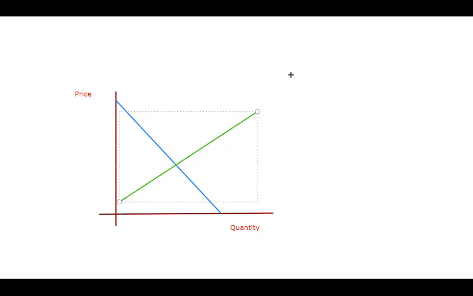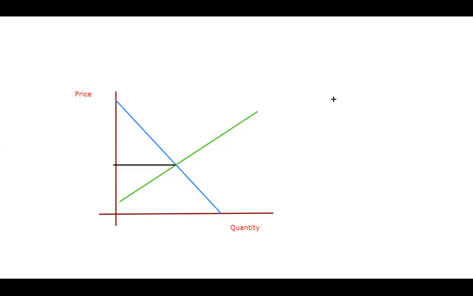So where is my price line? Price is in here. I'll draw this one, so this is the equilibrium point. Your price line is in there, that's your price. And where is your quantity?